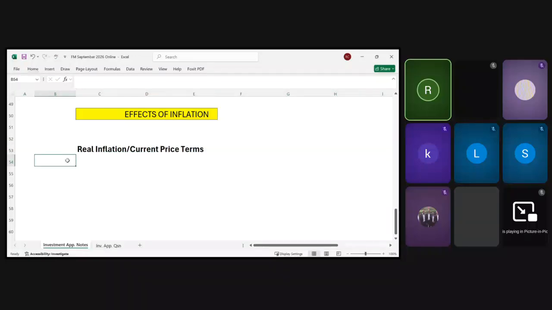It means that cash flows or the discount factor are not inflated. There is no inflation if you have a cash flow in real terms or in current terms.